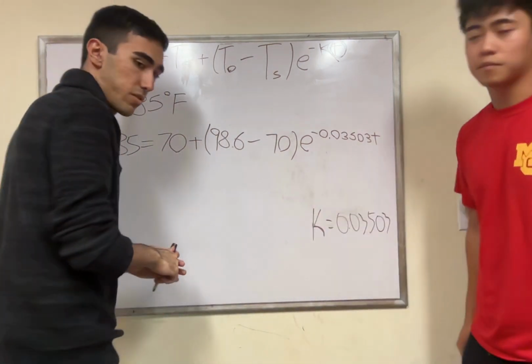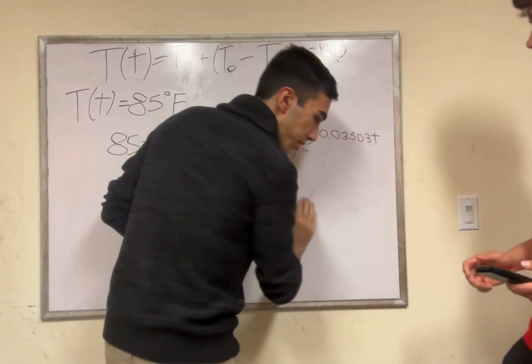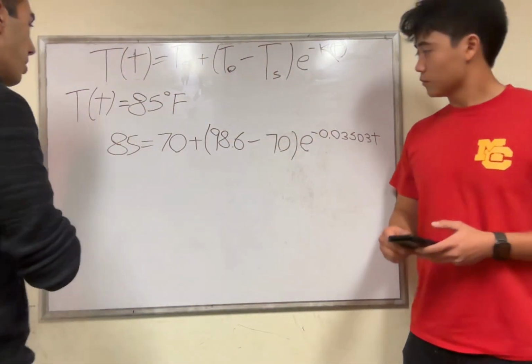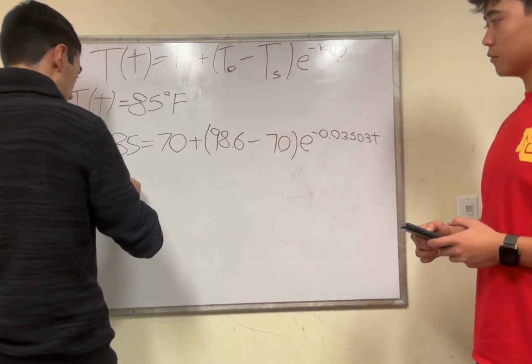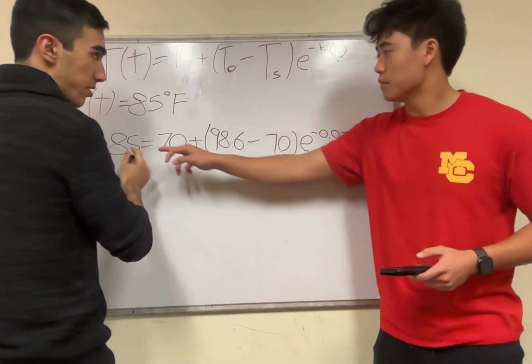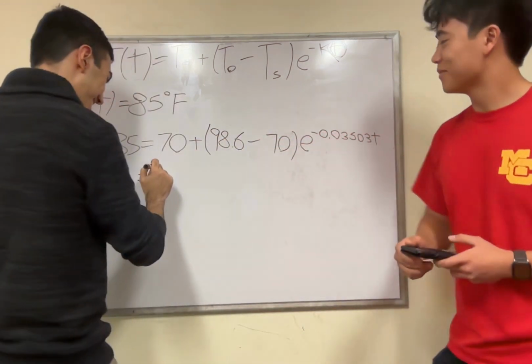So just like earlier, now we can crunch some numbers. So let's get rid of this k over here so I have some space to write. So we put 15 here, because 85 minus 70 is 15.